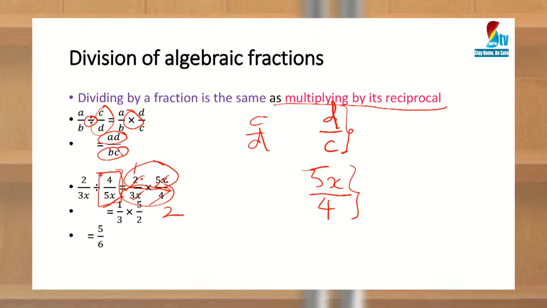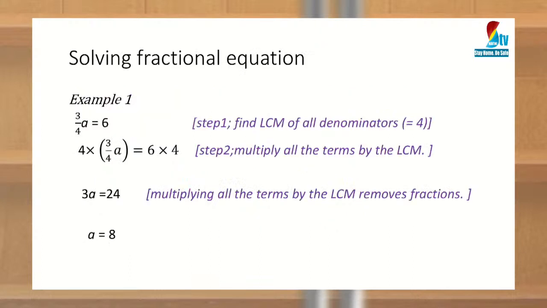I am now left with 1 over 3 multiplied by 5 over 2. Multiplying numerators, 1 times 5 is going to be 5, 3 times 2 is going to be 6. And my answer is in its simplest form, so I'm going to leave it.